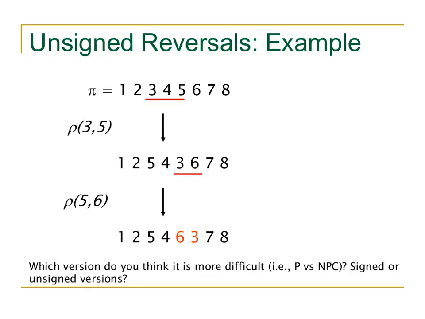Having just seen how signed reversals work, let's now look at the simpler unsigned case. We start with the identity permutation pi equals 1, 2, 3, 4, 5, 6, 7, 8.